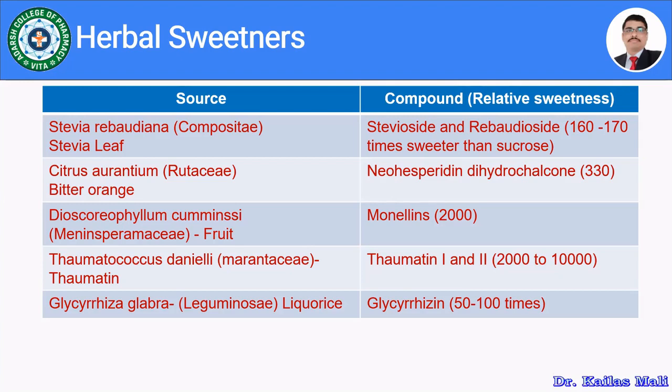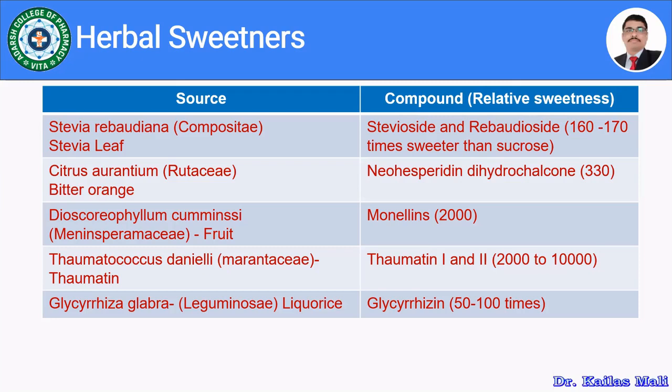The second herb is bitter orange, obtained from Citrus aurantium, belonging to family Rutaceae, which mainly comprises neohesperidine and dihydrochalcones, approximately 330 times sweeter than sucrose.